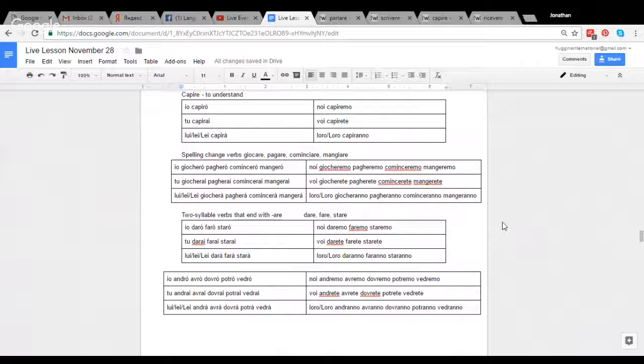So using this future tense is maybe like, where could she be? And a sense of probably, like i signori vorranno una camera con bagno, vero? The gentlemen probably want a room with a bath, right? So maybe talking in a hotel or something like that.